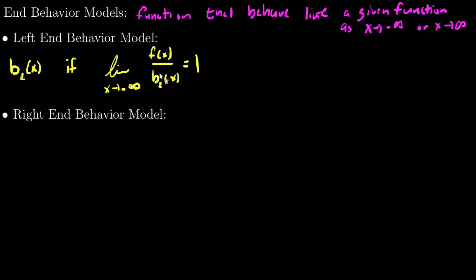So in a ratio sense, they're approaching 1. They're approaching the identity. And similarly, b sub r of x, our right end behavior model, will be that if the limit as x approaches positive infinity of f of x over our right end behavior model is equal to 1.